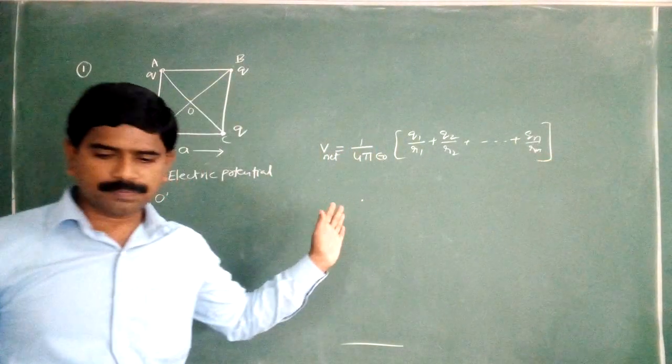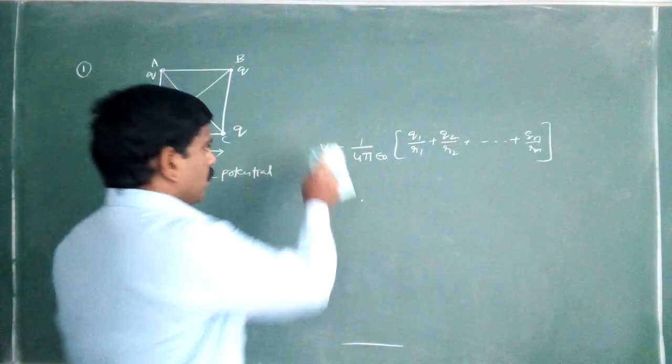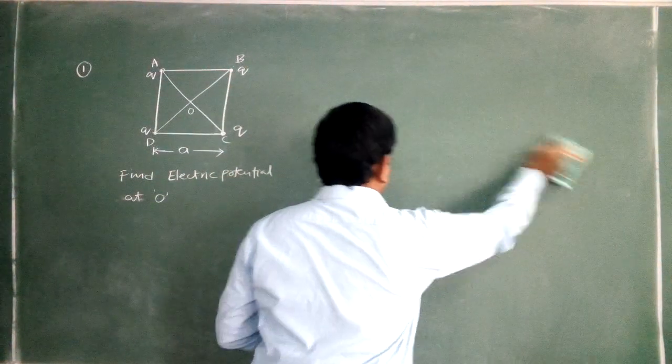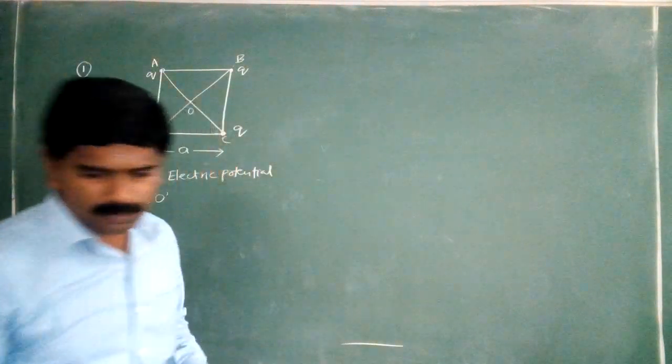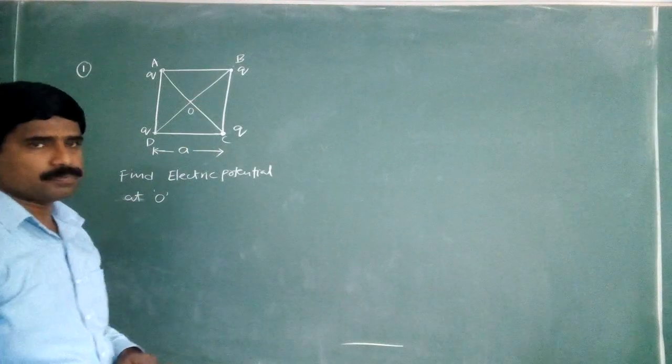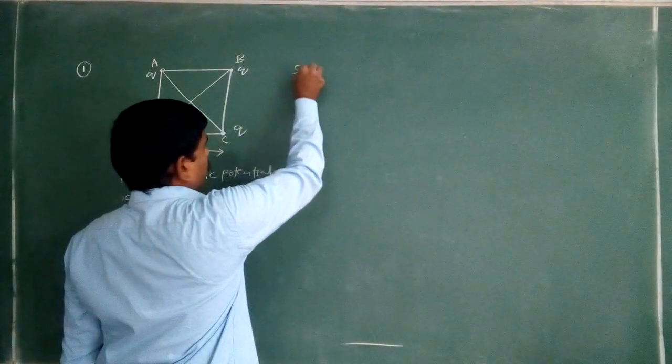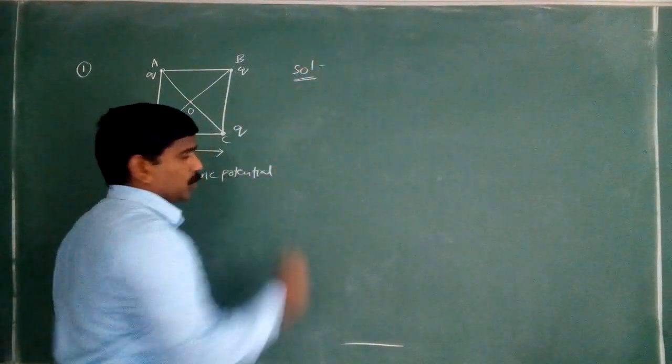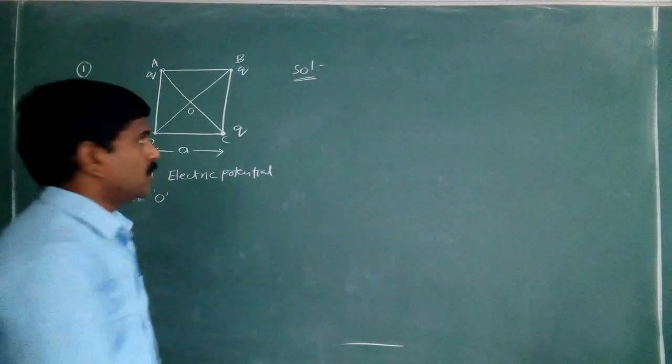Already we studied this. Here we use that expression to find the electric potential at point O. So first find the potentials due to the individual charges.